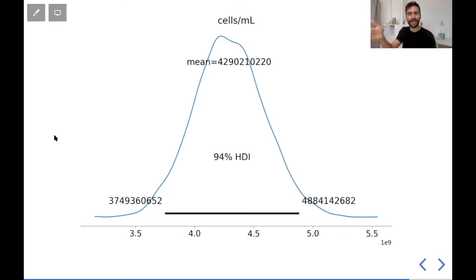It's almost a billion. It's huge. Our traditional formula just said it's 4.5, go run as fast as you can with 4.5. This posterior is telling us, hold on, there's a lot of uncertainty here. It could be as low as 3.5, or even as high as 5.2. That can make a big difference.